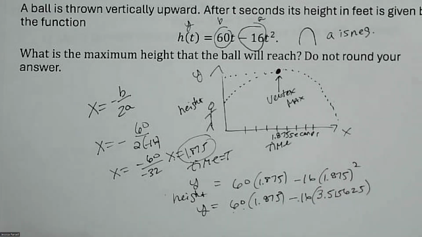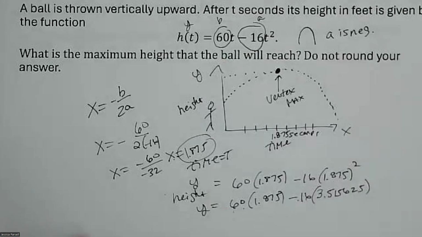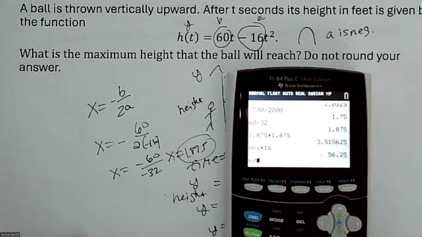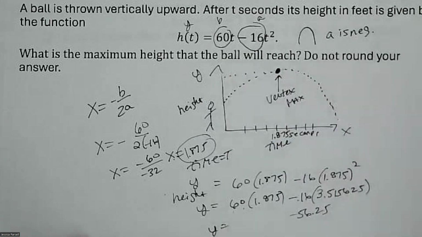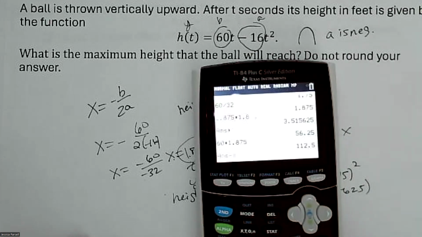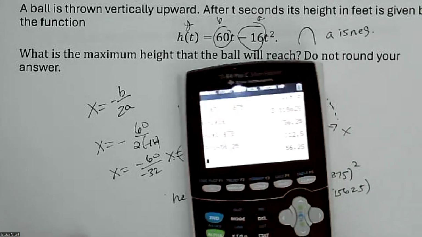I'm going to multiply 16 times that and get 56.25. Now I need to know what 60 times 1.875 is, and that's 112.5. So I'm going to subtract out 56.25, and the height is 56.25.